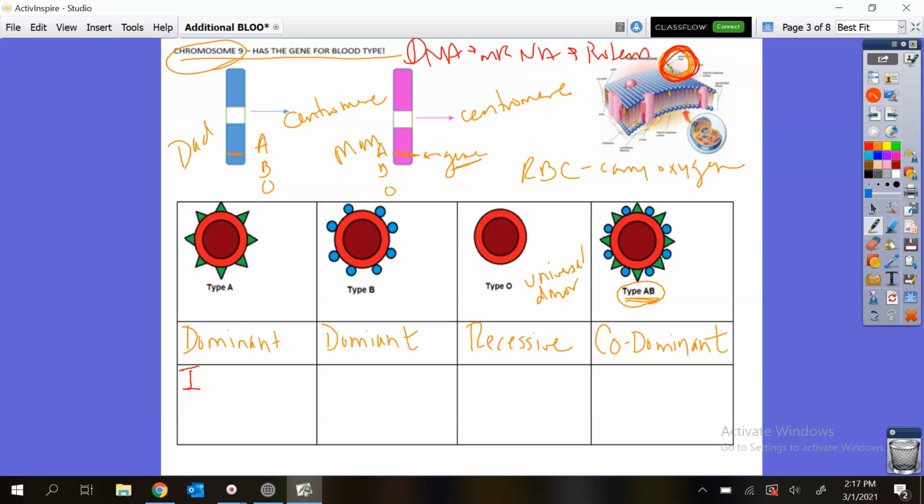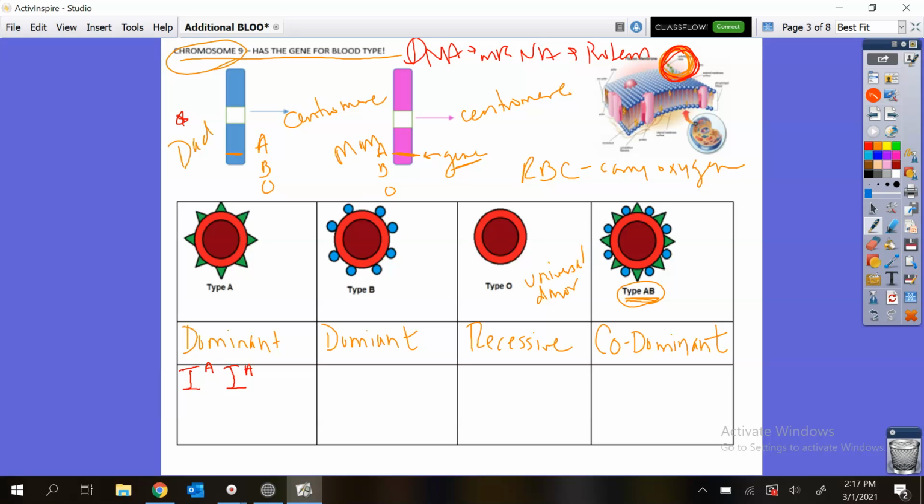So for type A, you can be homozygous dominant, meaning that you received an A from mom. Now for blood, remember for multiple alleles, we write it as superscripts, kind of like exponents in math class. We'll do dad first. So you could receive an A from dad and an A from mom, and you can be homozygous dominant for type A blood.